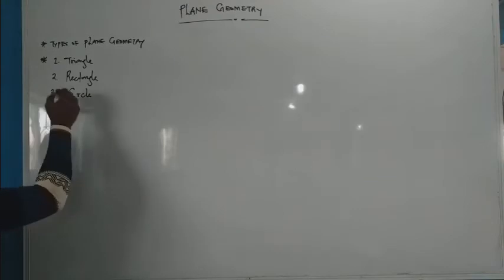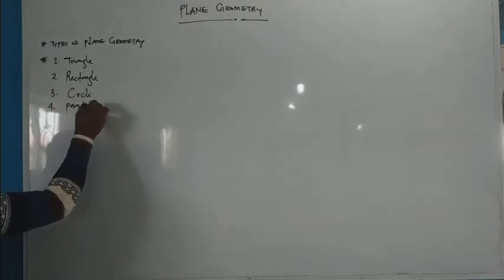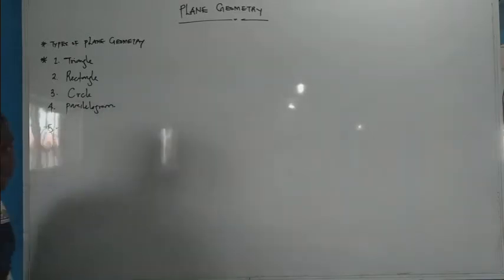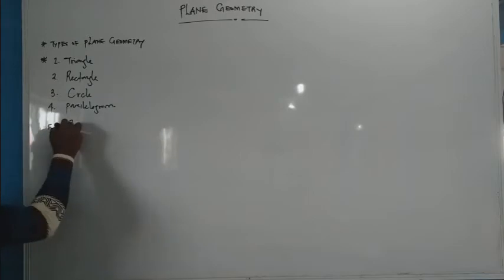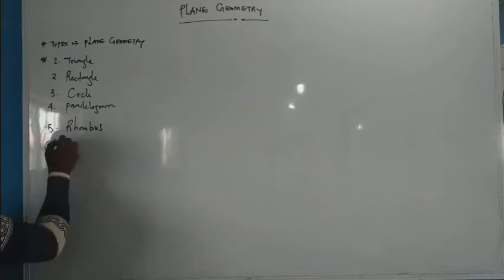Then number 4 is your parallelogram. Number 5 is your rhombus. Number 6 is your trapezium.